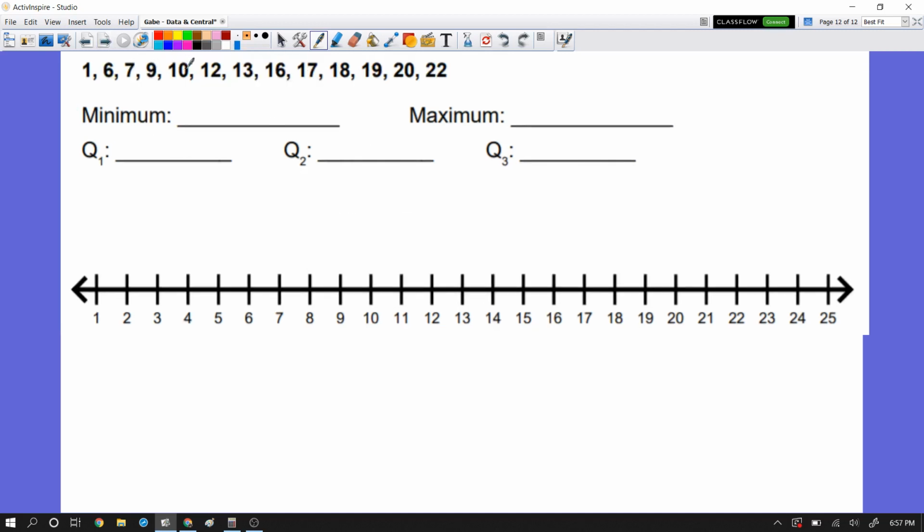1, 2, 3, 4, 5, 6, 7, 8, 9, 10. Wait, 1, 2, 3, 4, 5, 6, 7, 8, 9, 10, 11, 12, 13. Okay, so the middle is 1, 2, 3, 4, 5, 6. There's your median, which is quartile 2. The bottom half of the data, 1, 2, 3, 4, 5, 6, has a median of 8. The upper half gives 18 and 19, so 18.5.